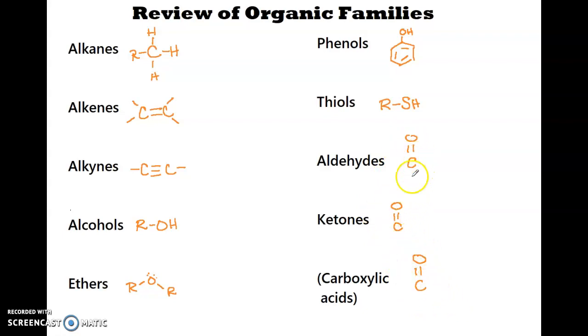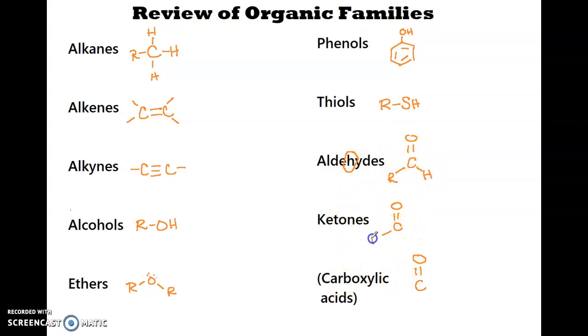It's what's attached to the carbonyl group that distinguishes them. For an aldehyde, we have at least on one side, maybe even on the other for our simplest, so we'll just put R, we have to have a hydrogen, so that means it ends there, it's terminal. A way to memorize that is aldehyde is the only one of those three that has an H in its name, so it's the one with an H on it.